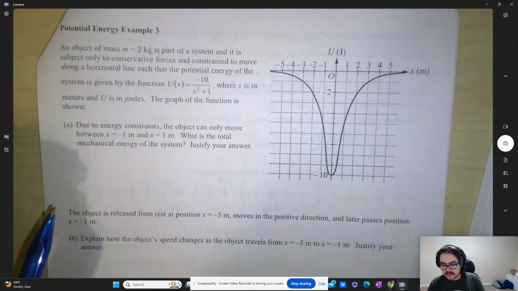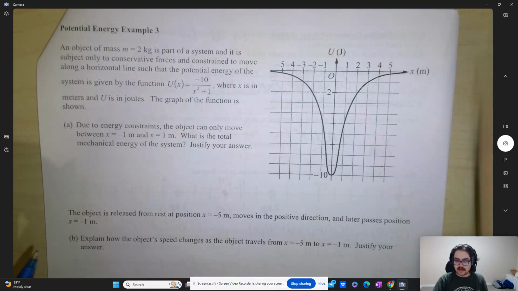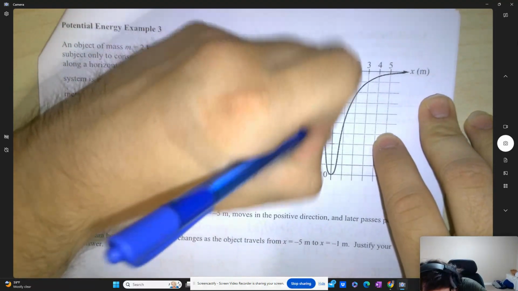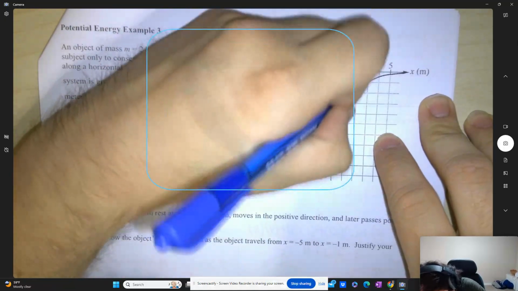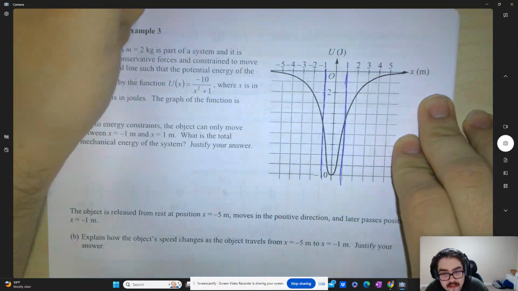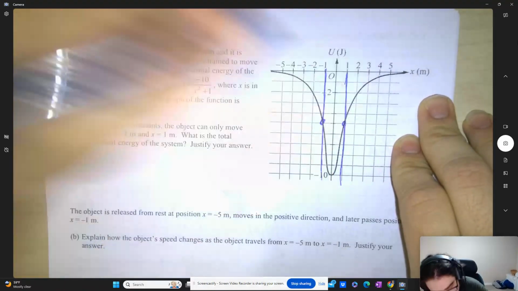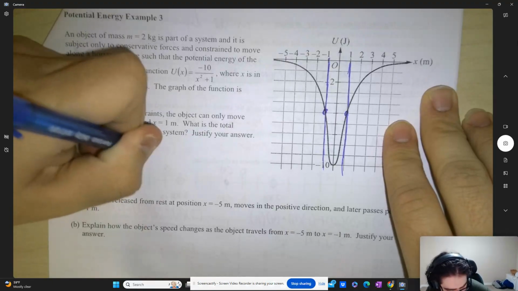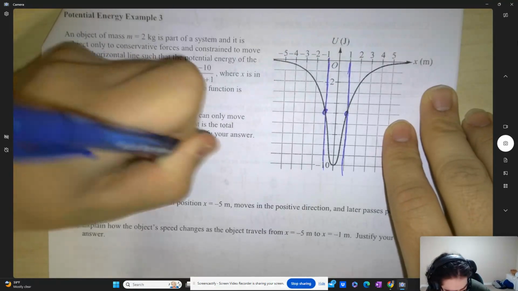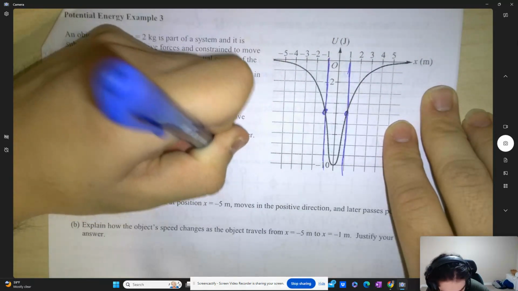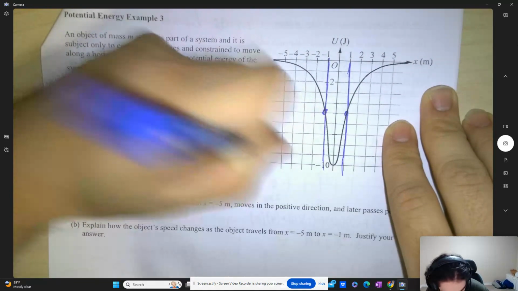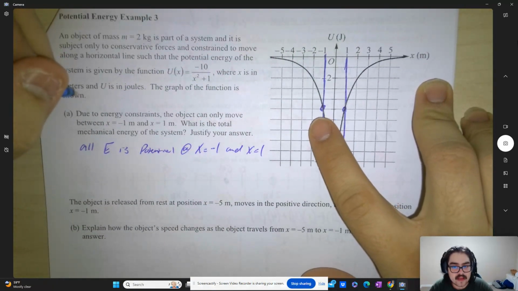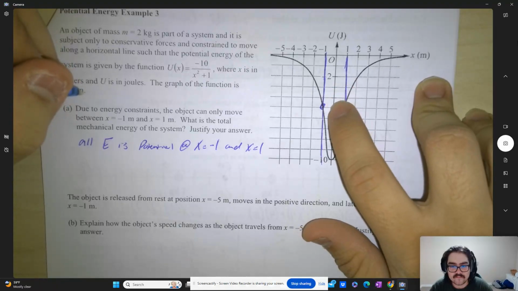Well, if it can only oscillate between -1, which is right here, and +1, which is right here, then all energy is potential at x equals -1 and x equals 1. So this is going to be -2, 3, 4, 5.